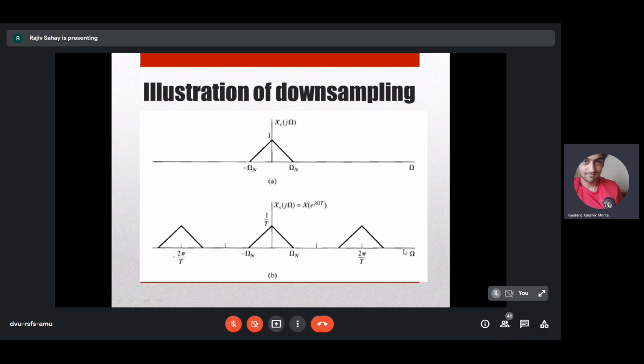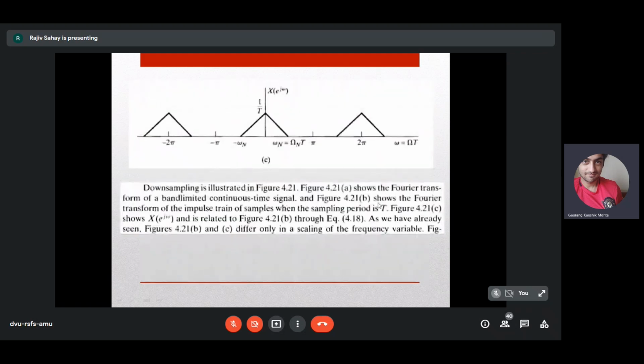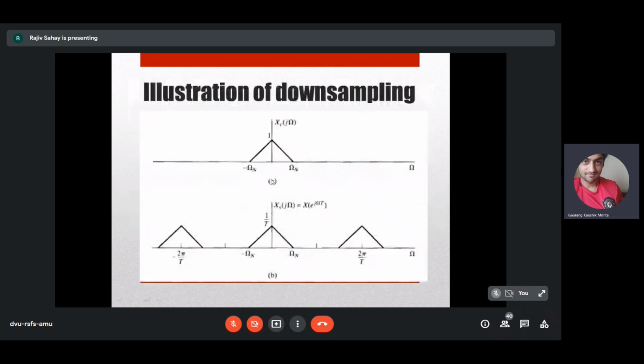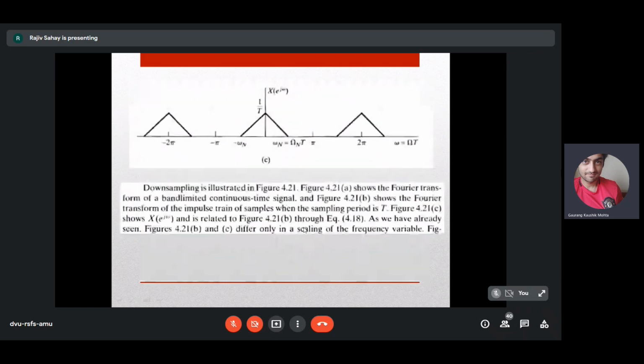So that is this. So this is the infinite frequency replication, and magnitude becomes 1 by T. Now we get this C plot where the x-axis is changed to small omega. So there is no difference between B and C except that the x-axis is changed to small omega.